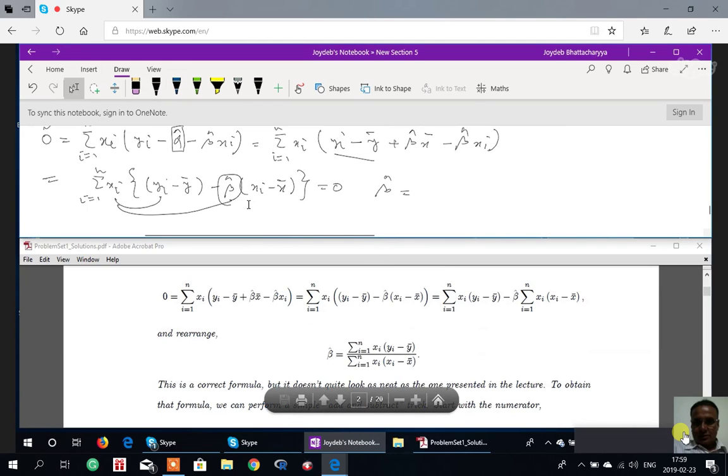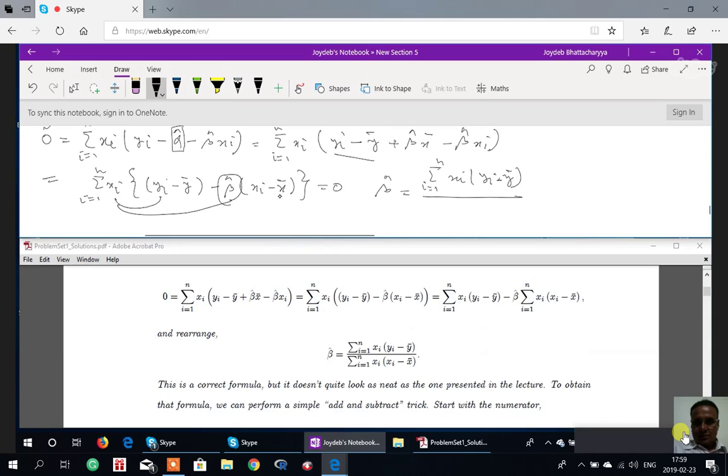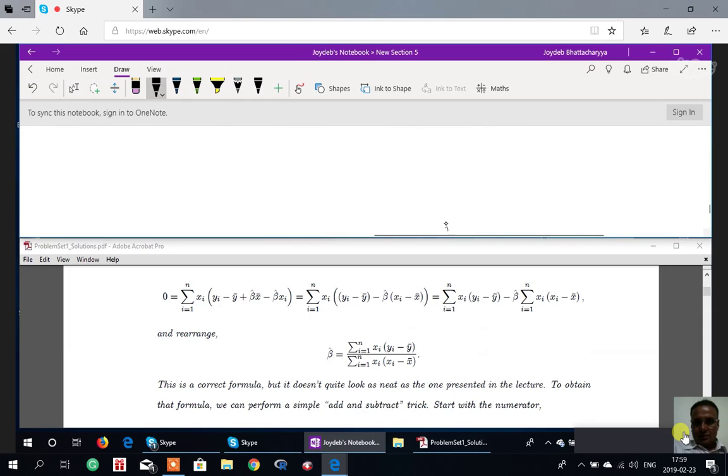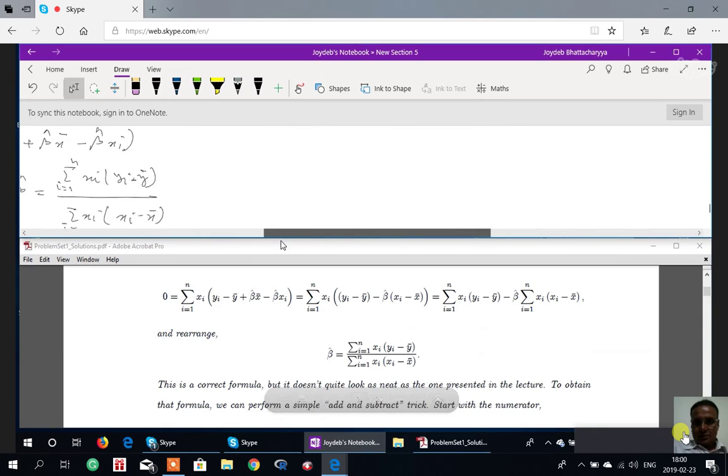On the numerator it will be summation xi into (yi minus y bar), i running from 1 to n, and in the denominator it will be summation xi into (xi minus x bar), with i running from 1 to n. The rest I can make out, no problem.